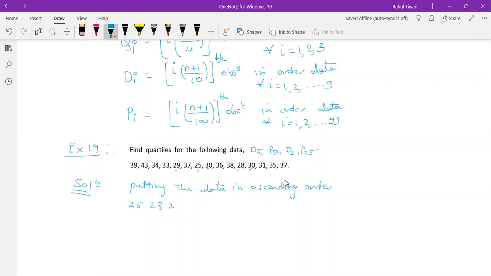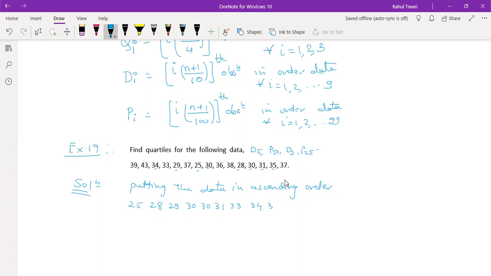Then after 30 we have 31, 33, 34 and 35.